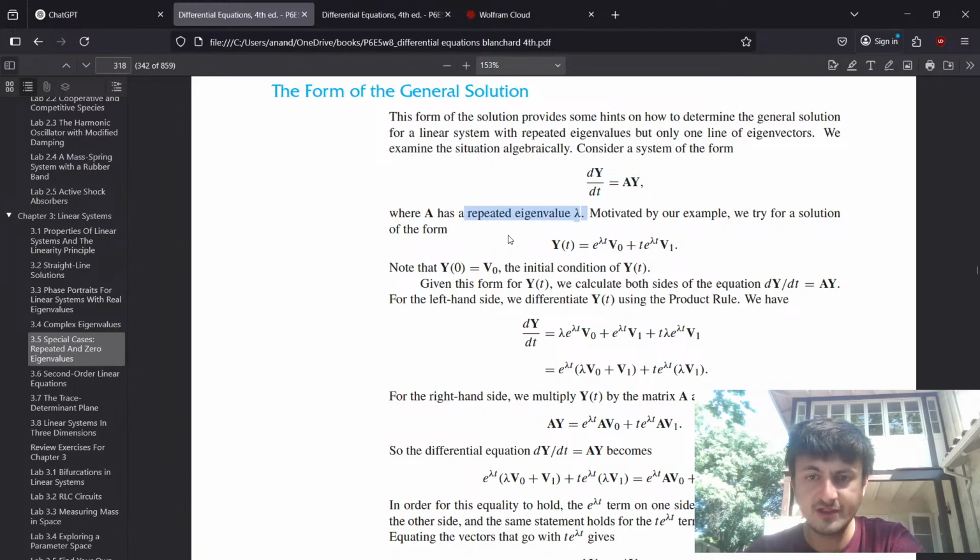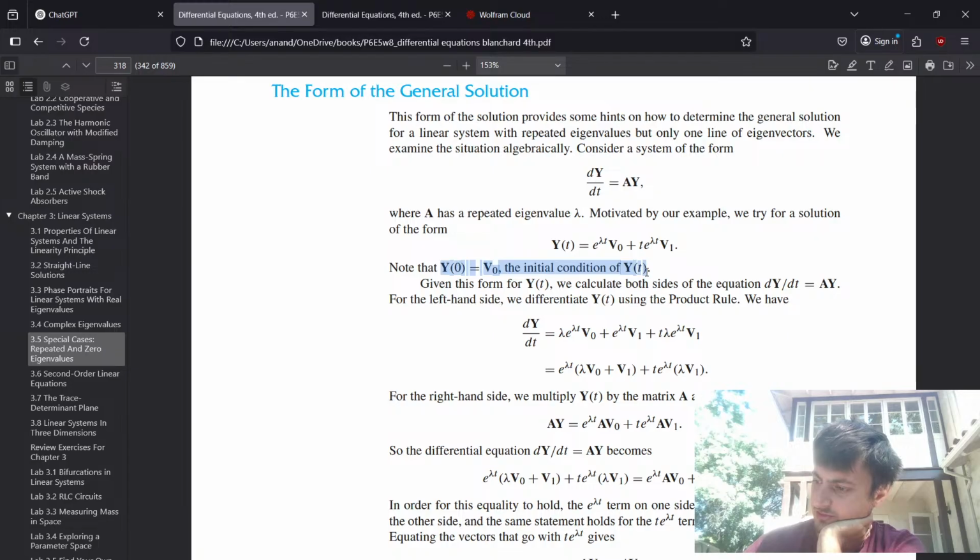Motivated by our example, we try to find a solution of the form y of t is equal to e to the lambda t v0 plus te to the lambda t v1. So this is like the form of repeated eigenvalue solutions, where v0 is our y0 initial condition.